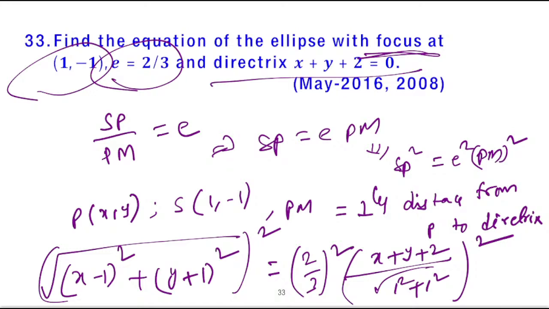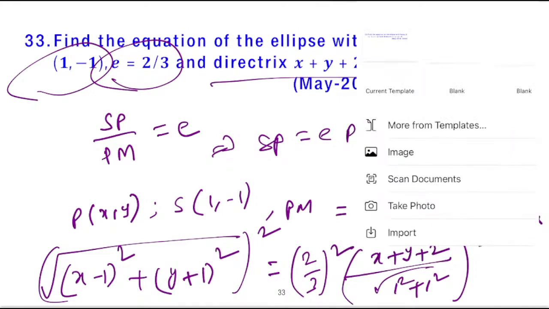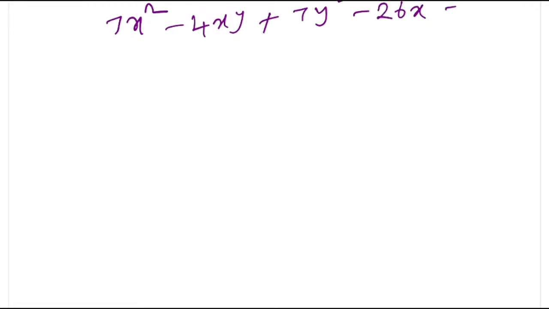Completely simplify that, with perfect squares and all, and you will get an equation like this. Clear, my dear? Very beautiful thing, no?